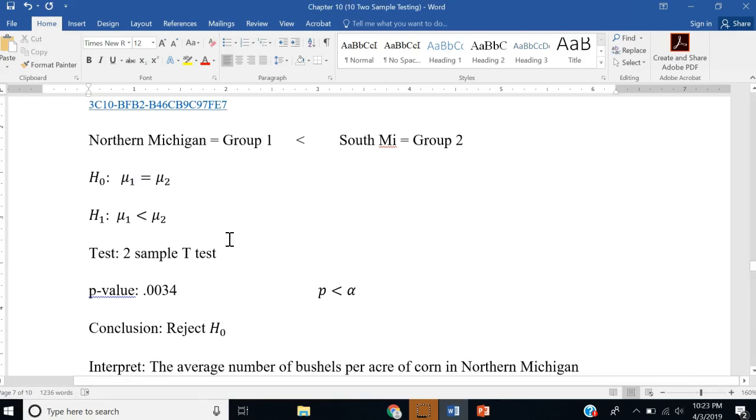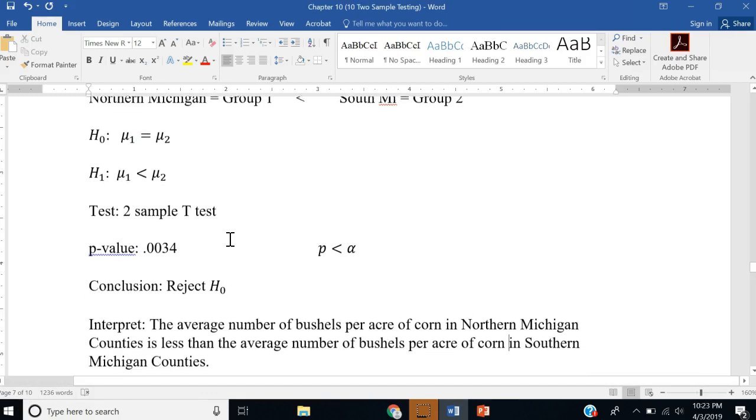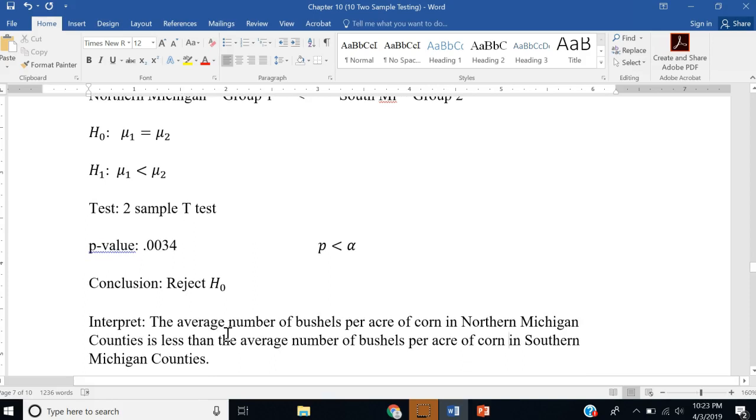So I saved you the wasted time of me actually typing it out, and I just typed it out on pause. So the average number of bushels per acre of corn in northern Michigan counties is less than the average number of bushels per acre of corn in southern Michigan counties.